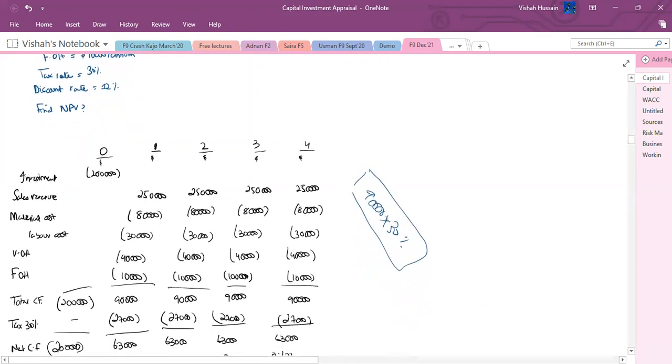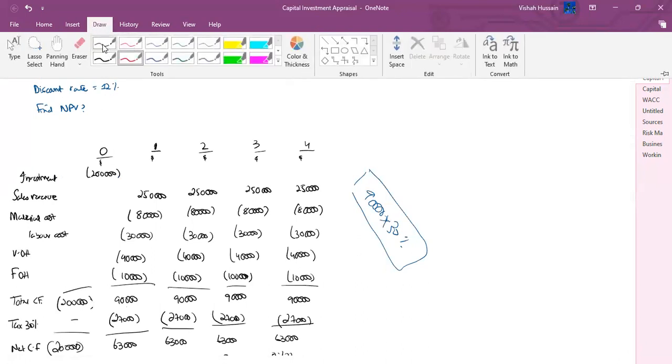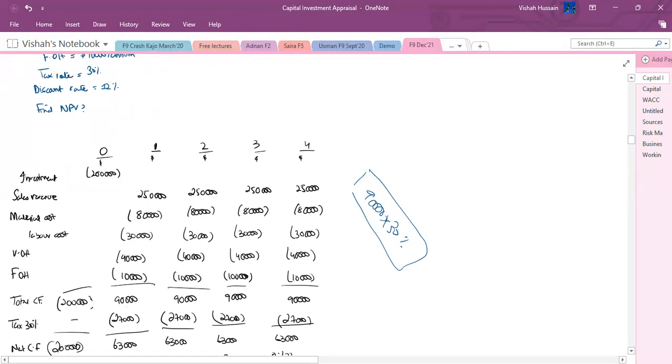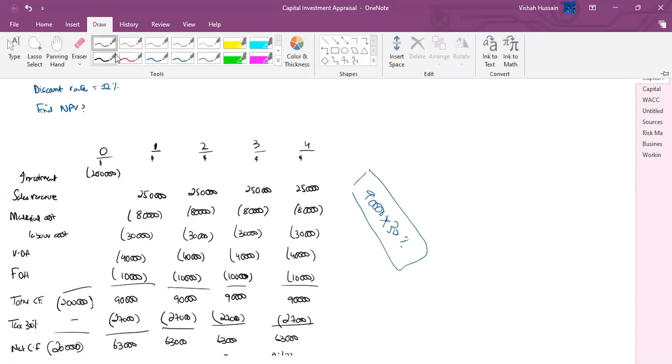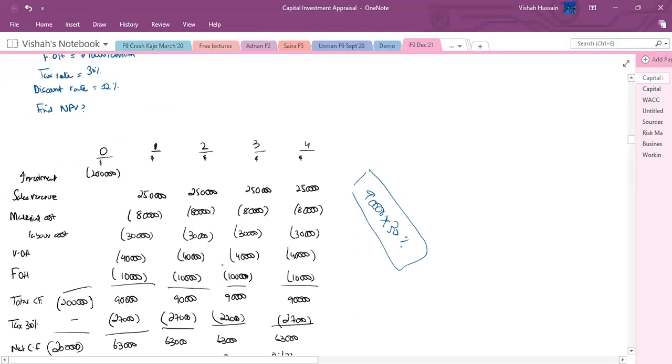In the end, you're going to net it off and you're going to receive 90,000 as your total cash flow. 250,000 minus 80,000 minus 30,000 minus 40,000 minus 10,000 gives you 90,000. Tax is going to be paid on the amount that you have at the end of the year after paying off all your expenses.